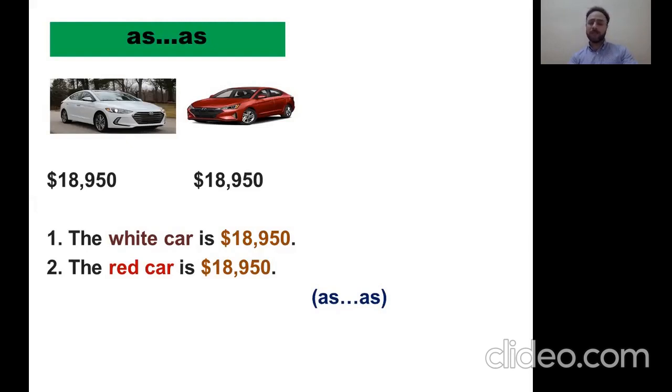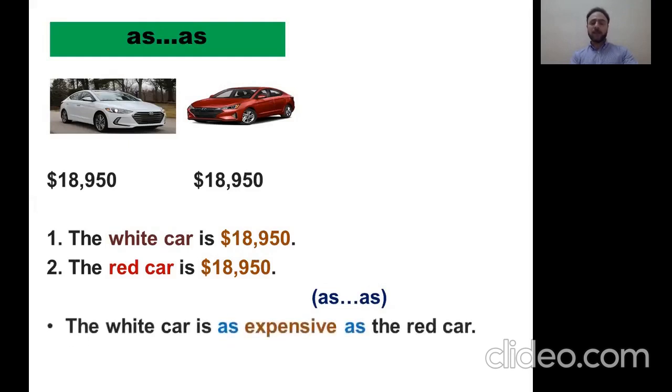Of course, they aren't cheap, they are expensive. So we are going to use the adjective expensive in order to show equal comparisons using the structure as...as. So the answer will be: the white car is as expensive as the red car.